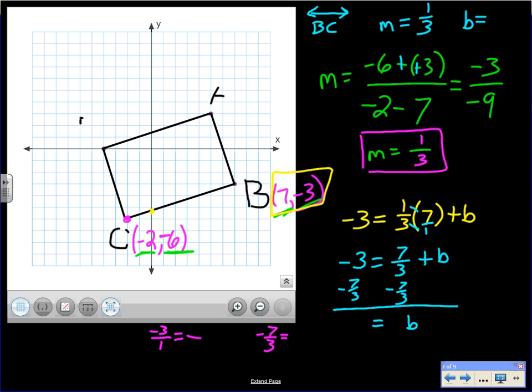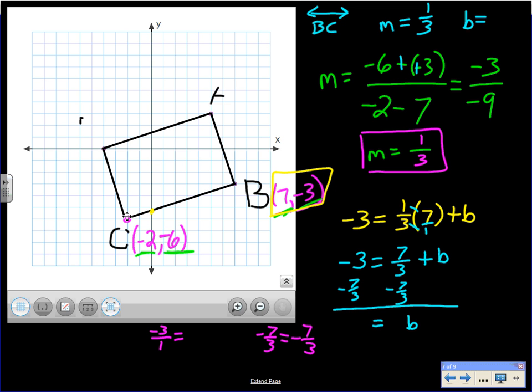The common denominator between the 1 on the bottom and the 3 on the bottom is going to be a 3. And this fraction on the right will not change because it keeps its same denominator. But the one on the left is going to change a little bit.